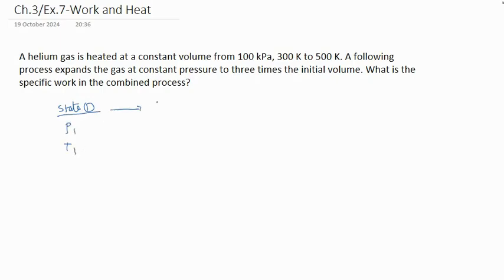This has gone to state 2 at a constant pressure. This means that V2 equals V1. We have a temperature T2 of 500 Kelvin. This is 300 Kelvin and 100 kilopascal. So the first process occurred at constant volume.